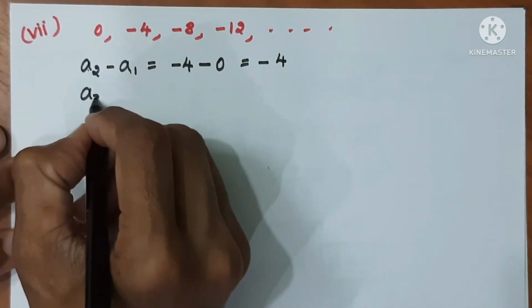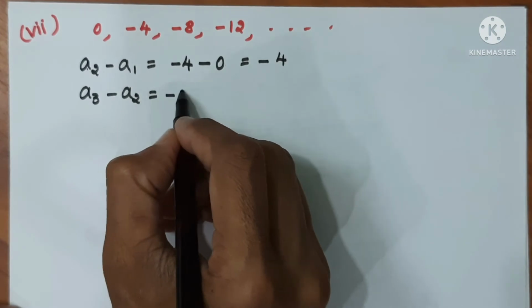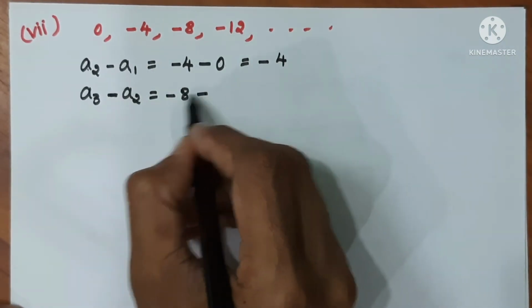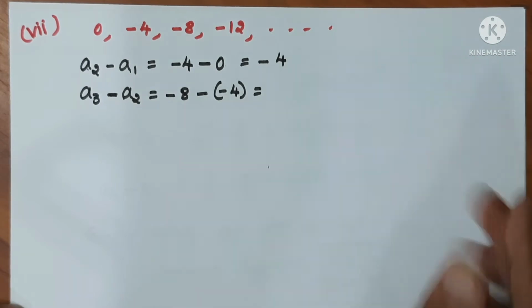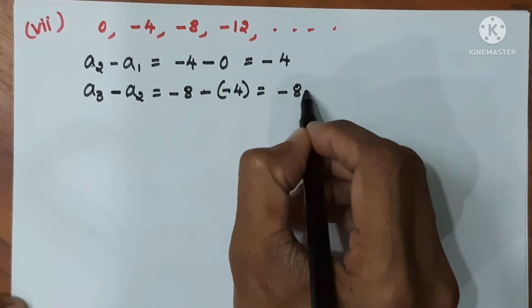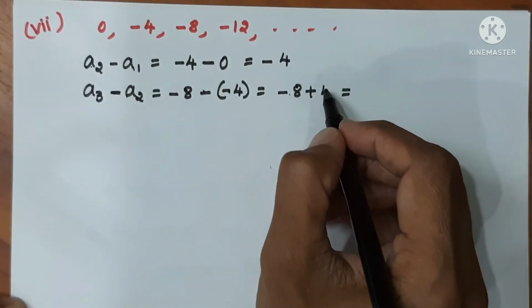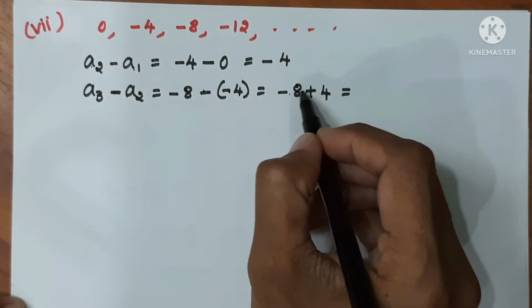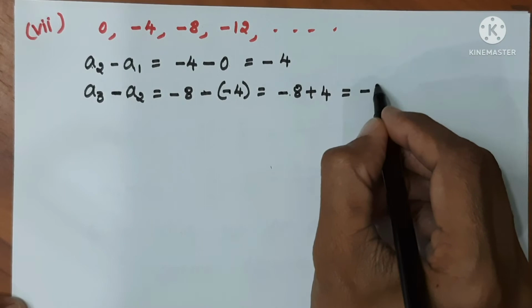Again the next one, A3 minus A2 will be equal to third term is minus 8 minus second term is minus 4. You have to put the bracket, you have to remember. Okay, minus into minus plus, minus 8 plus 4. Here they are having the opposite sign. We need to subtract 8 minus 4.